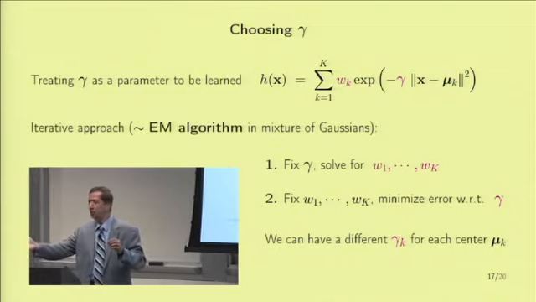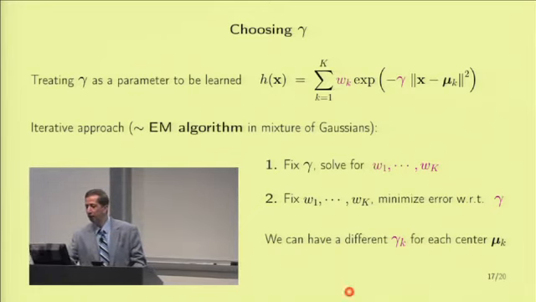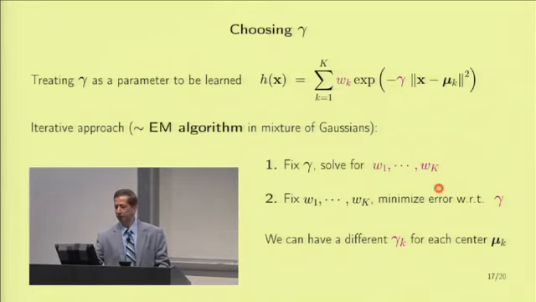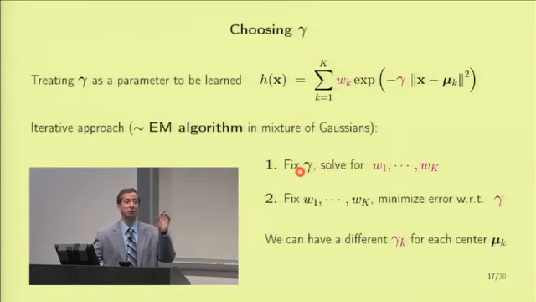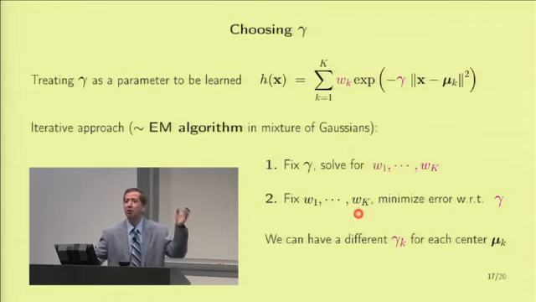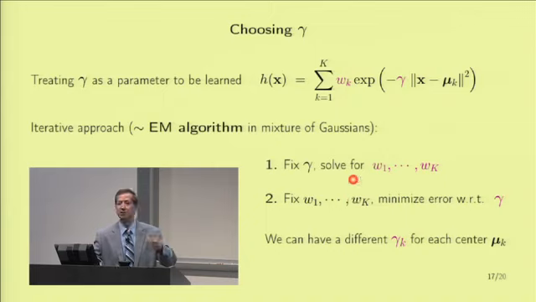And since this is so simple, all you need to do is now have capital K parameters, gamma_k. So you double the number of parameters, but the number of parameters is small to begin with. And now you do the first step exactly. You fix the vector gamma, and you get these guys. And now you are doing gradient descent in a K-dimensional space. We have done that before. It's not a big deal. You find the minimum with respect to those, freeze them, and go back and forth. And in that case, you adjust the width of the Gaussian according to the region you are in the space.